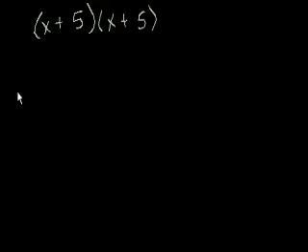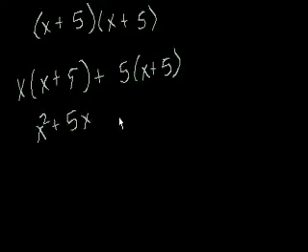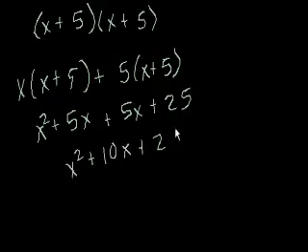So this is the same thing as x times x plus 5 plus 5 times x plus 5. x squared plus 5x plus 5x plus 25. And that's x squared plus 10x plus 25. So it equals what we said it should equal. And I'm going to once again do another module where I explain this a little bit more.